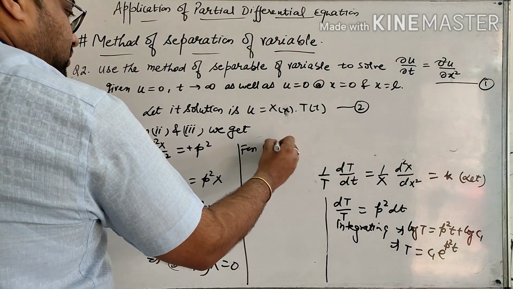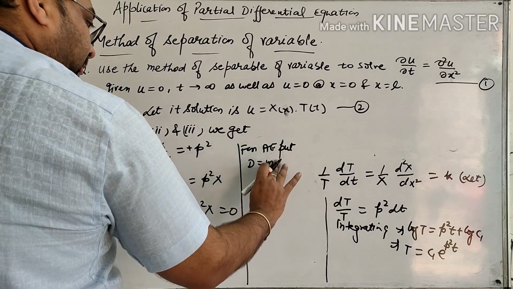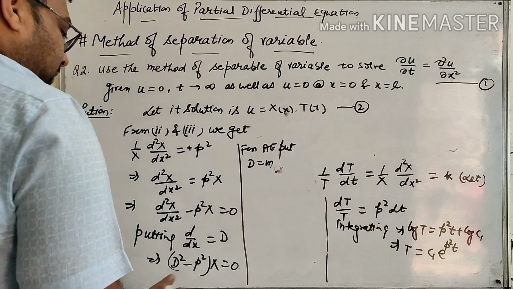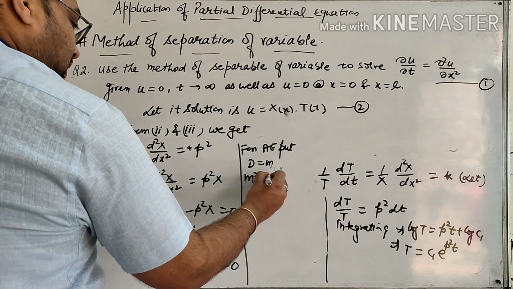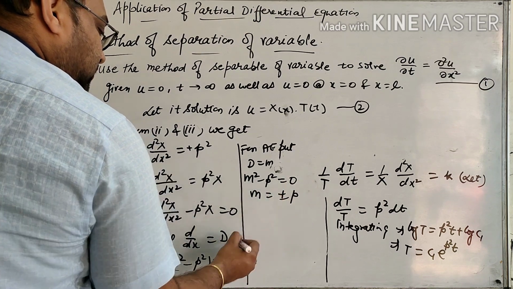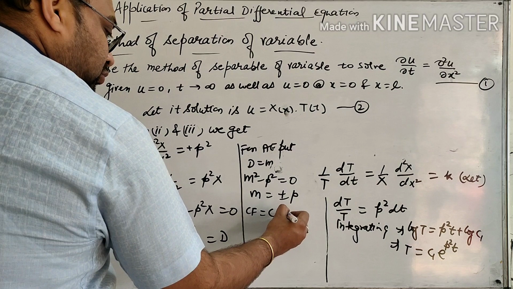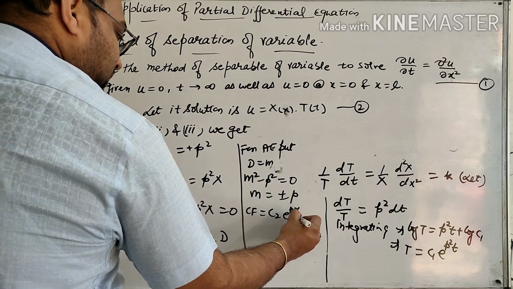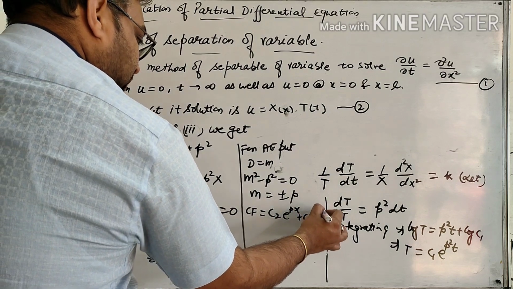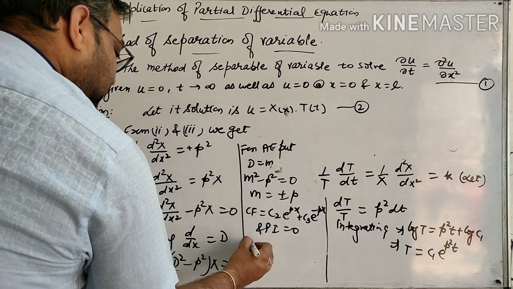For auxiliary equation, put D equals m, then equate to 0 the bracket of LHS, that is m square minus p square is equals to 0, or m equals plus minus p. So CF is equals to C2 e raised to power px plus C3 e raised to power minus px, and PI is equals to 0 because right hand side is equals to 0.